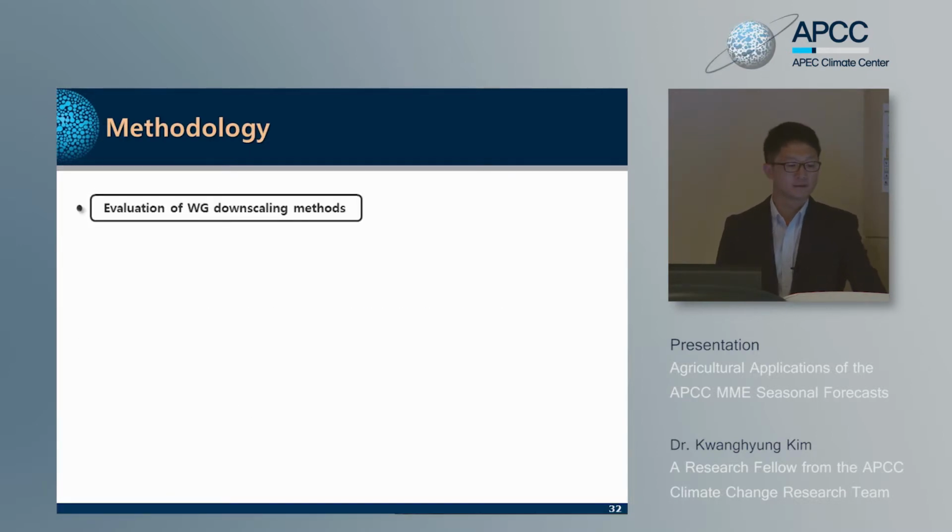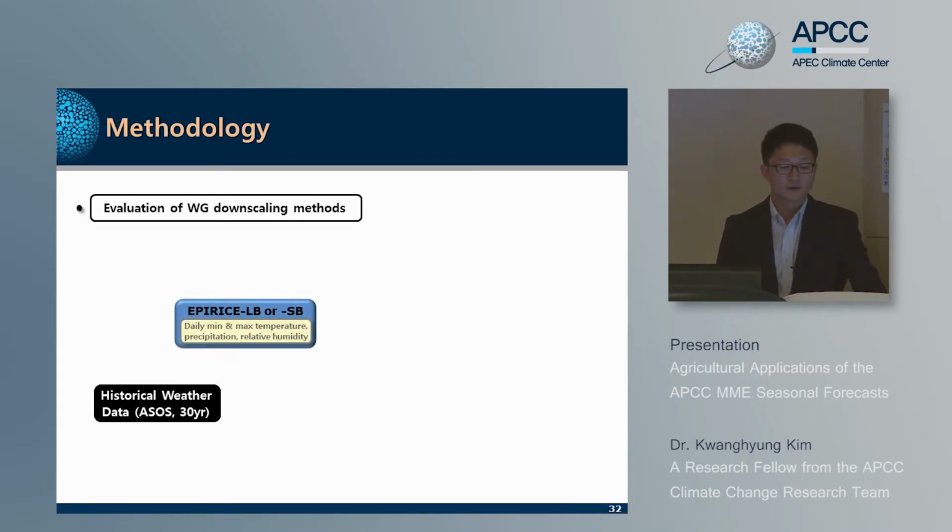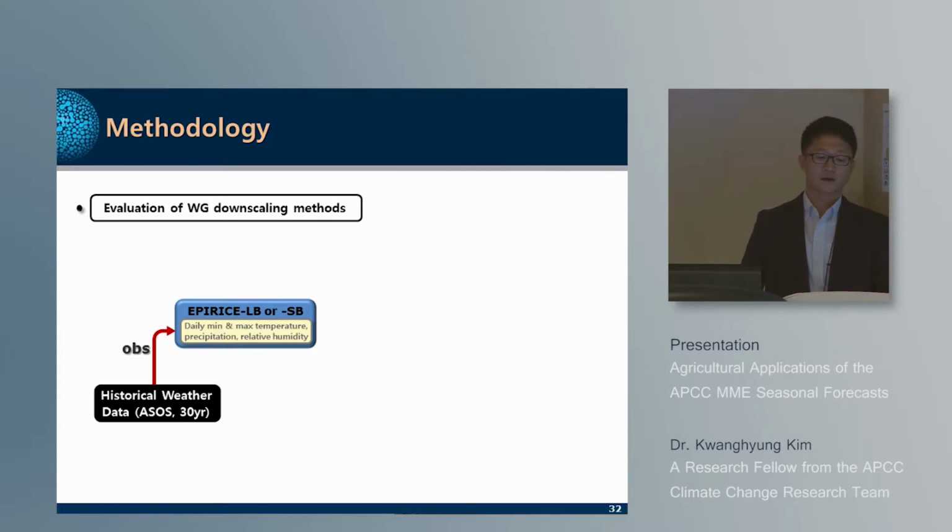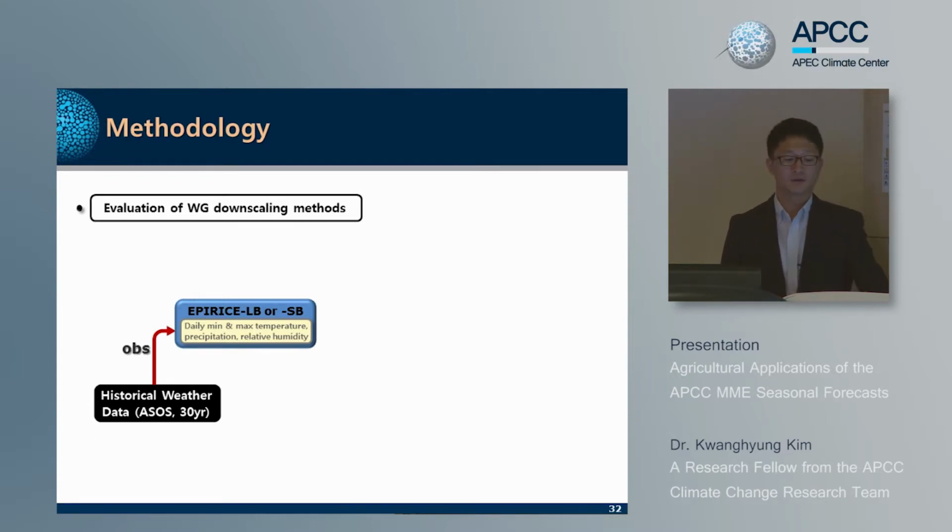For evaluation, historical weather data were used to generate observed disease risk score, which is actually a simulated risk score by the EPIRICE model. But in this case, we assume this one to be the observed risk for comparison purposes.